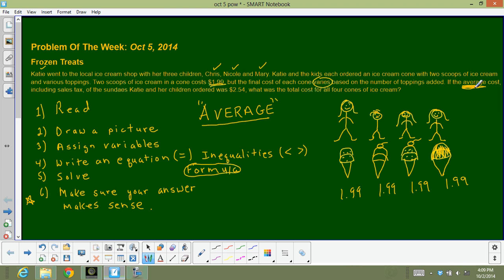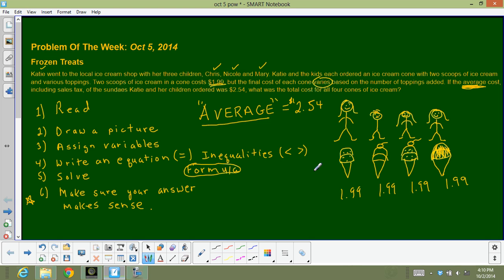All right. If the average cost, including sales tax, of these sundaes, well, Sundays, they called them Sundays here, but I guess they're really ice cream cones, that Katie and her children ordered was $2.54. All right. So that's the average cost, $2.54.